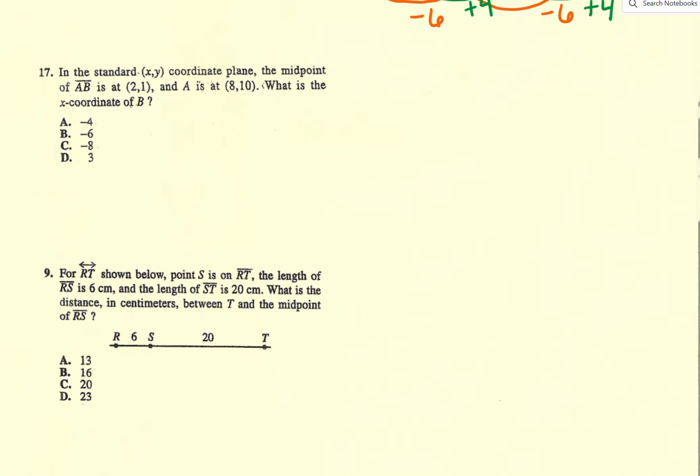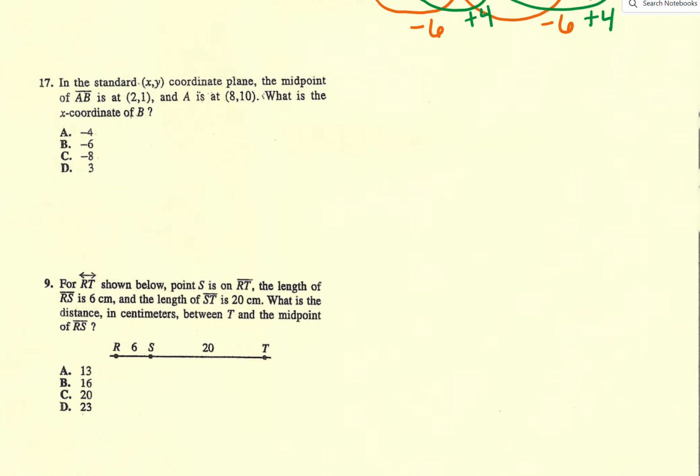Okay, almost done. Again, pause the video if you'd like and try this one on your own. They're telling me the midpoint is at (2, 1). Another point is at (8, 10). And we want to know what's on the other side. What's the other endpoint over there?